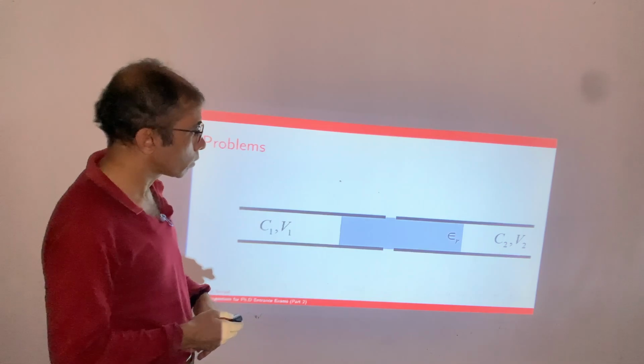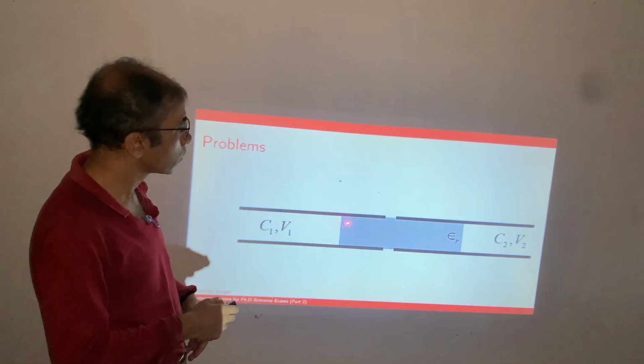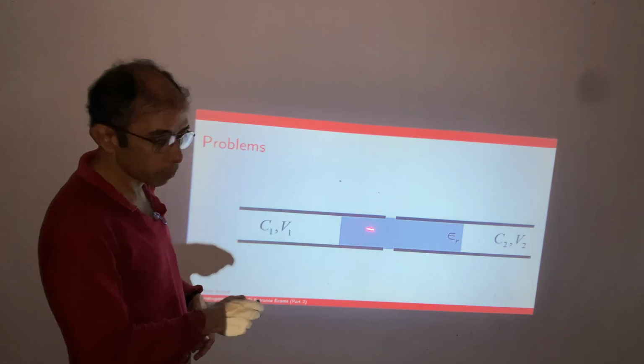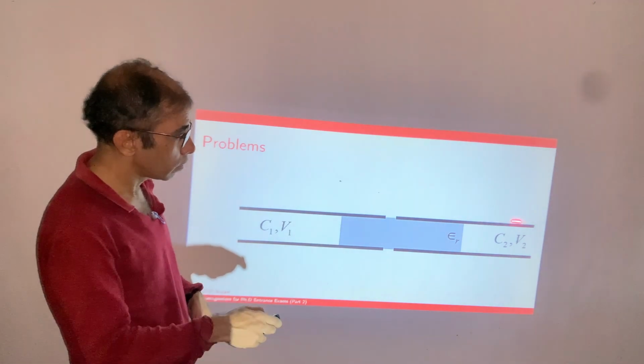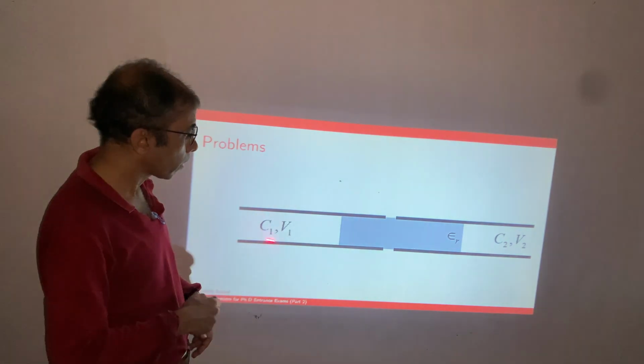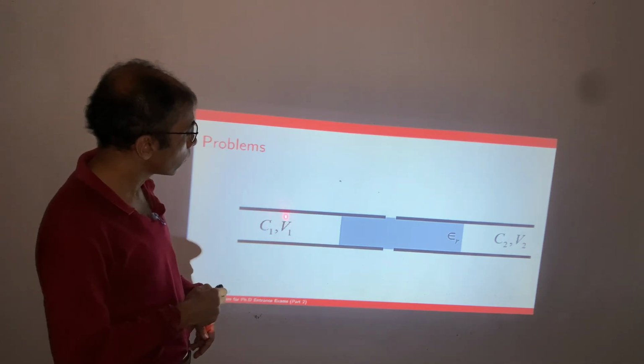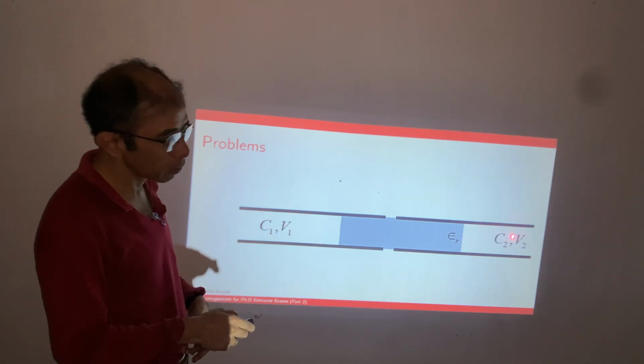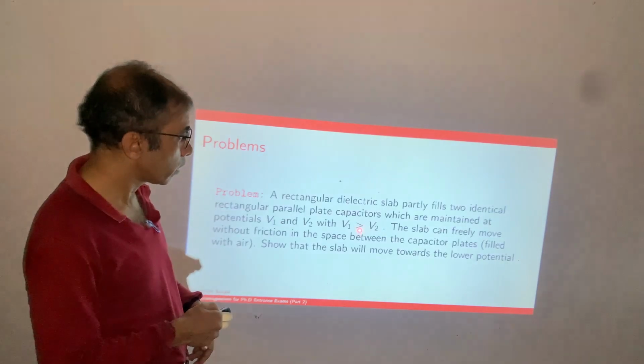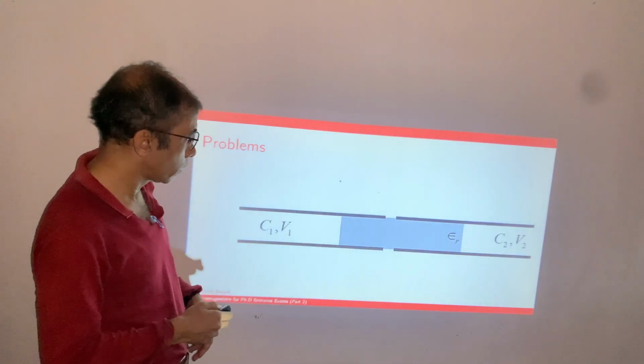So what's the figure? This is the figure. This is the dielectric slab, and these are two capacitors. This capacitor is at voltage V1 and this capacitor is at voltage V2, such that V1 is greater than V2.